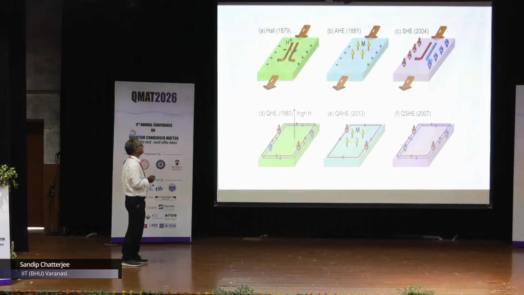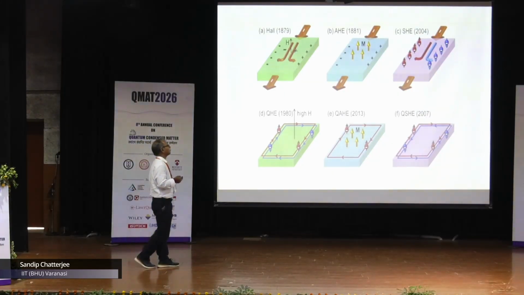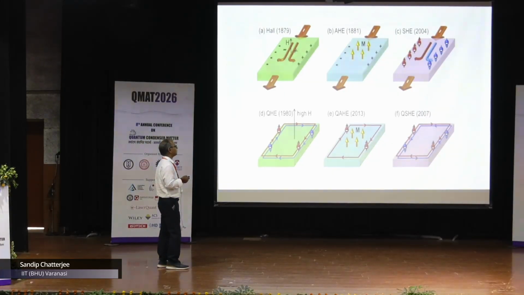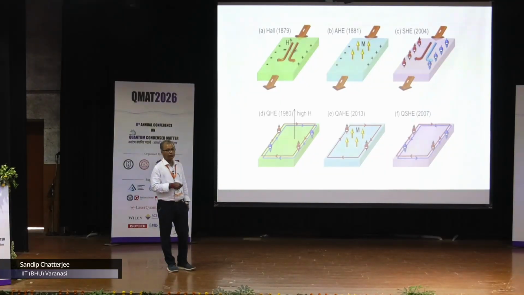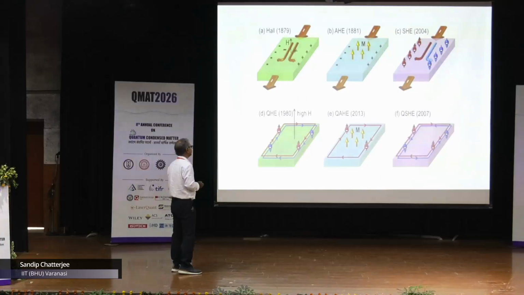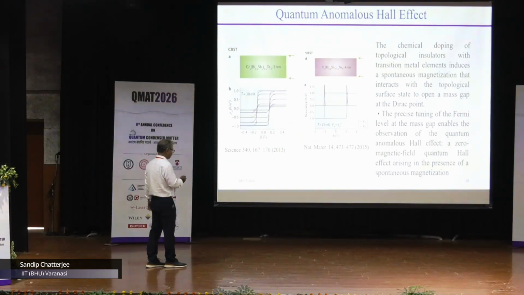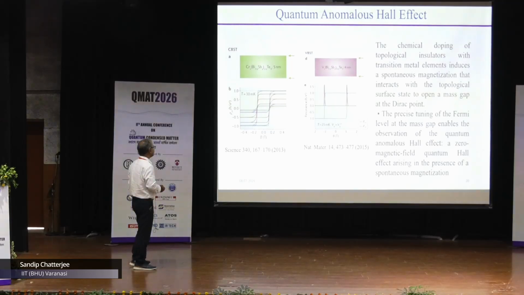It was discovered in 1879, and the anomalous Hall effect was discovered in 1881, but the quantum anomalous Hall effect took until 2013, almost more than 130 years.